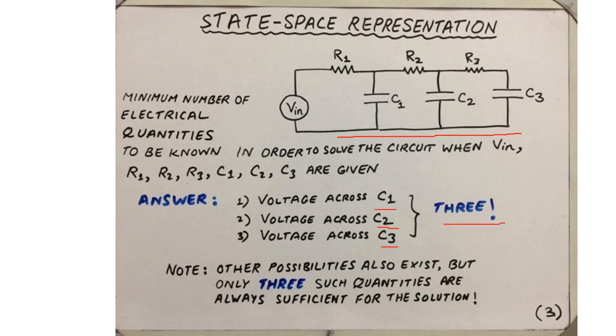Again, you should remember that this is not a unique combination of the quantities that we need to know, and there are other possibilities, but at minimum you need to know three electrical quantities, and that can be related to the fact that we have three energy storing elements in the system as three capacitors.